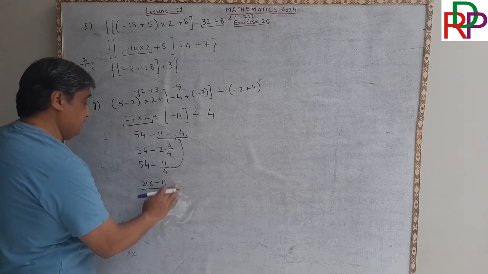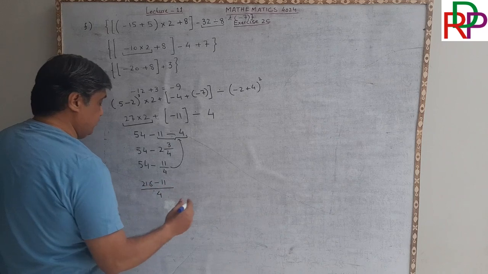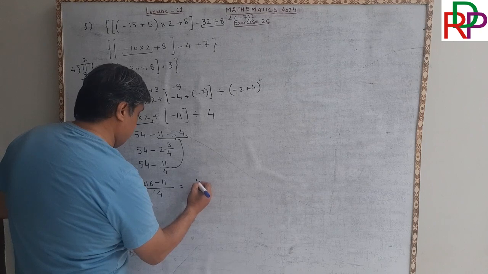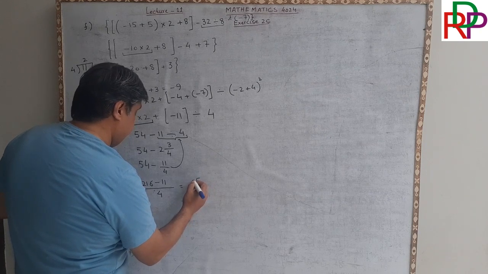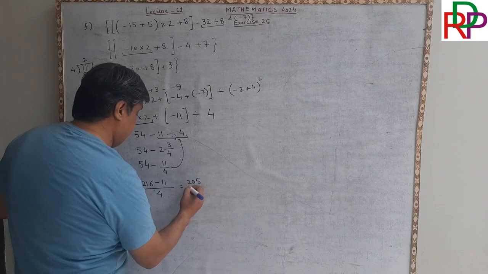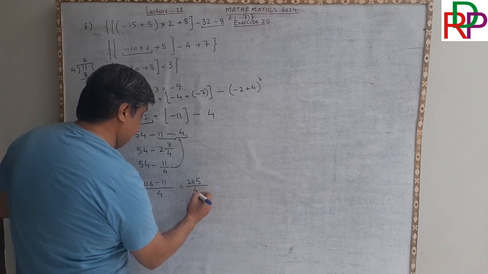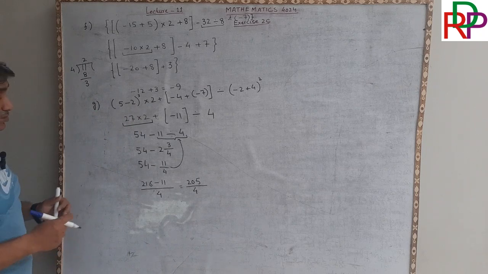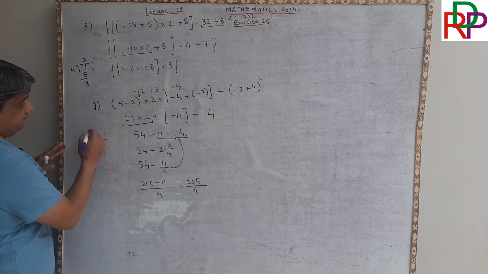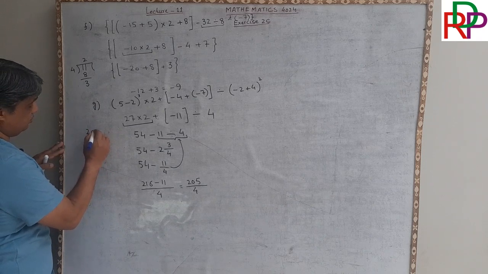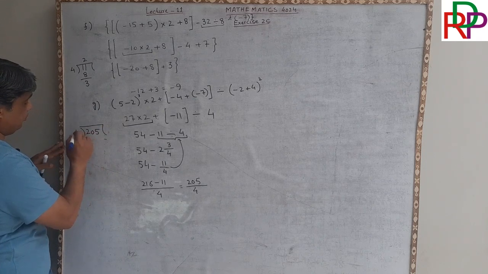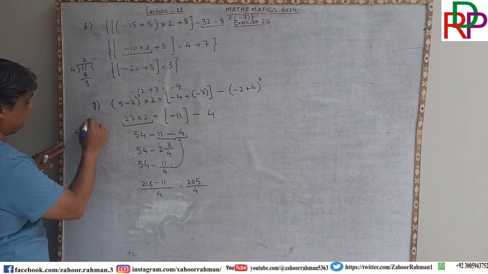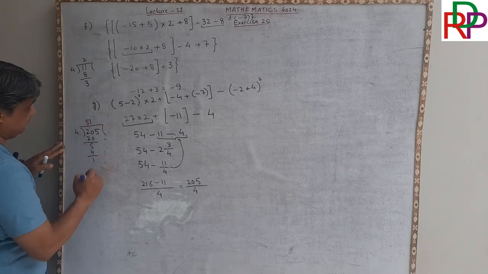Ladies and gentlemen, if we subtract 11 from 216, then it will be equal to 205, and then I am dividing 205 by 4: 4 fifties are 200, and the remainder is 5, which is 4 and 1.